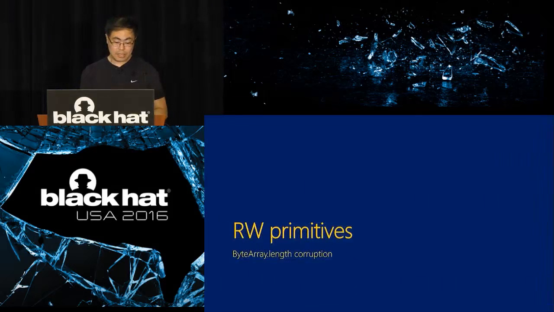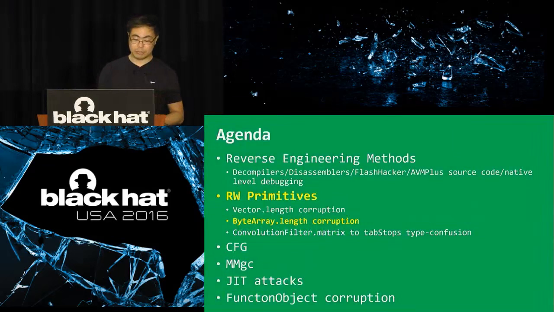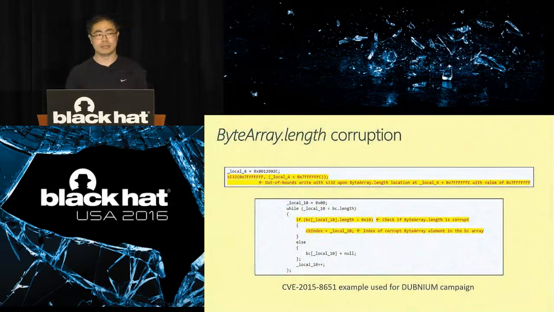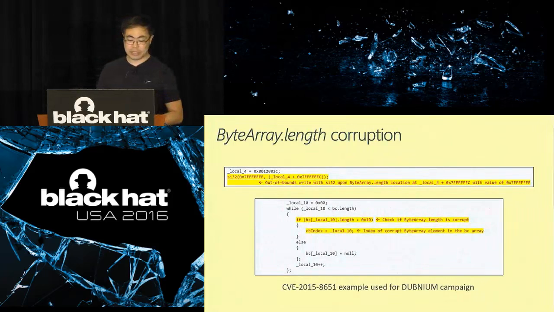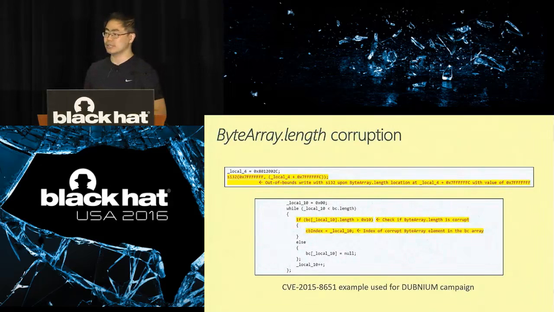So the next RW primitive that we are talking about is byte length corruption. After Adobe fixed vector length corruption, the bad guys moved to byte length corruption, as expected. So this one is the CVE-2015-A651 example, which was used for the Domnium campaign, which shares the same IOC as the Dark Hotel, as known from Kaspersky.